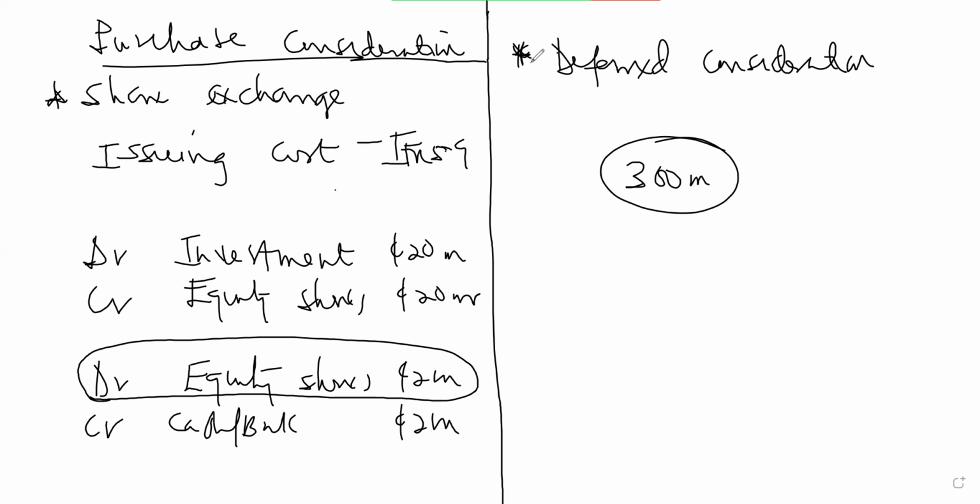So what is the actual amount we are paying for the shares? How do you find that? You present value this, and they will always give you the discount factor or the cost of capital of the parent.